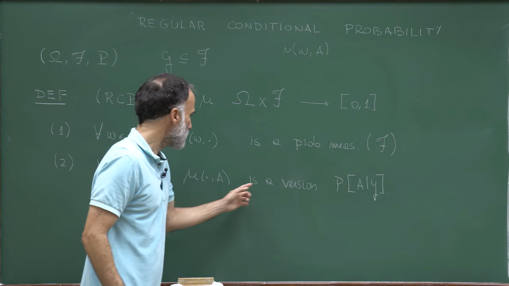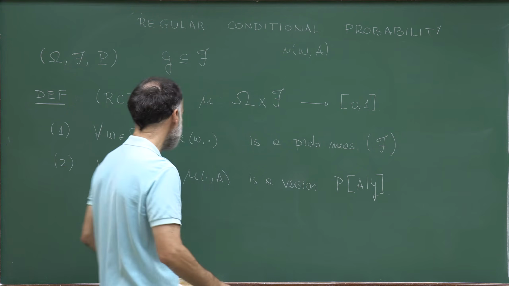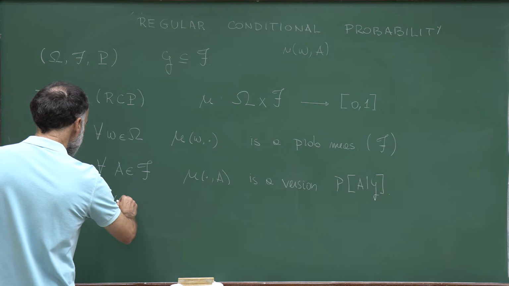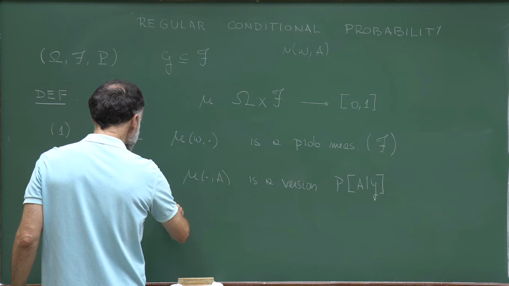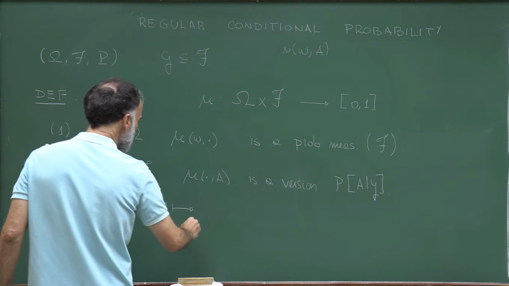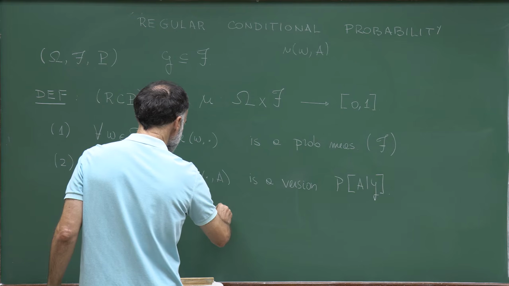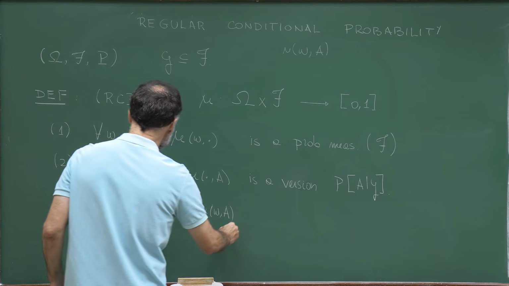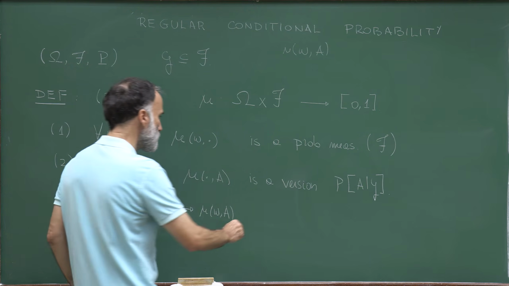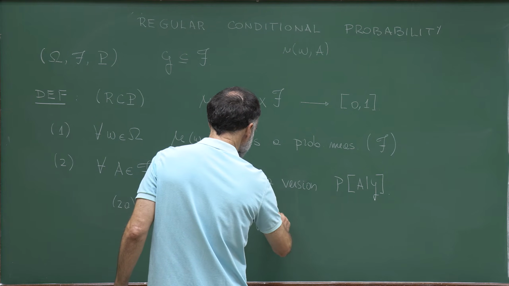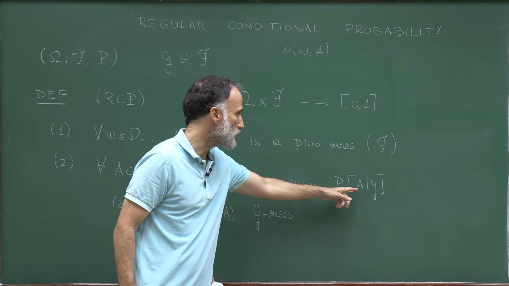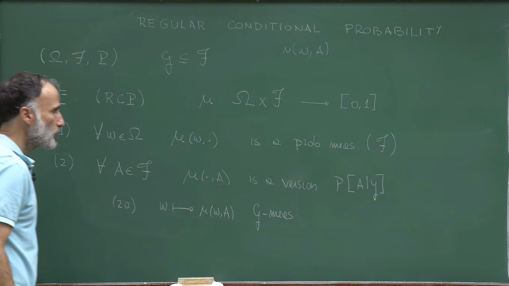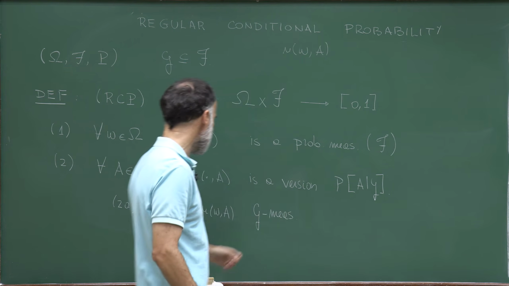What does it mean that it is a version of? It has two senses. It means that the function which to omega associates mu(omega, A), and this is true for all A, is G measurable. So this is the first property of this conditional probability. We want this function to be G measurable.